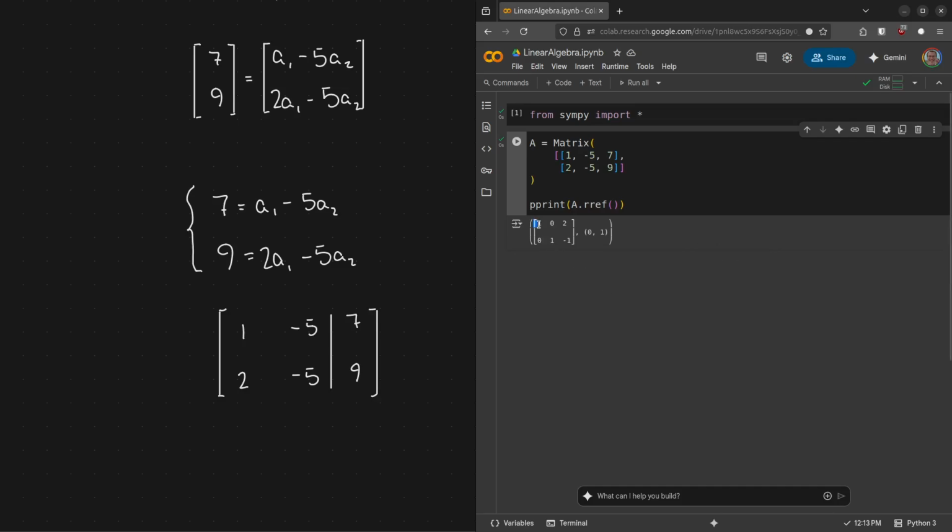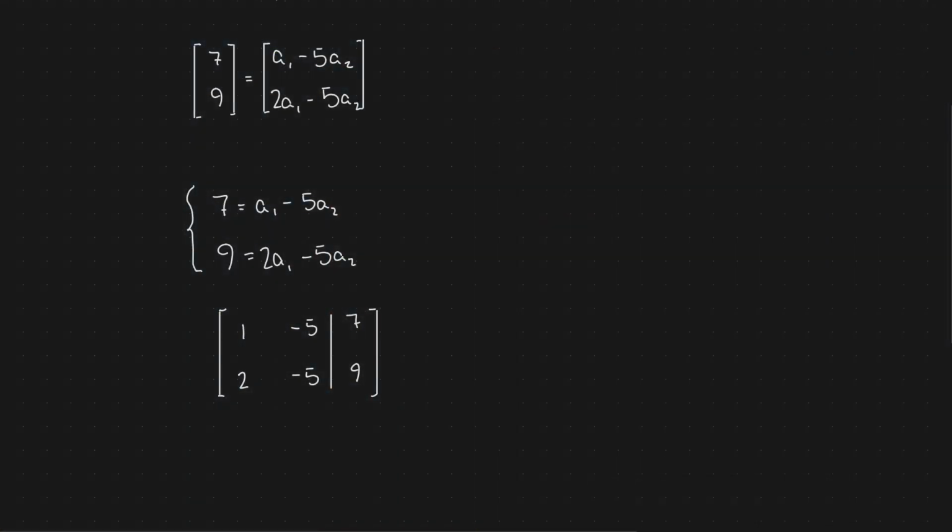That'll make it so that it looks good once I print it. Okay? And so the matrix on the left here is my reduced row echelon form of the matrix. So it's 1, 0, 2 in the first row and 0, 1, negative 1 in the second row.